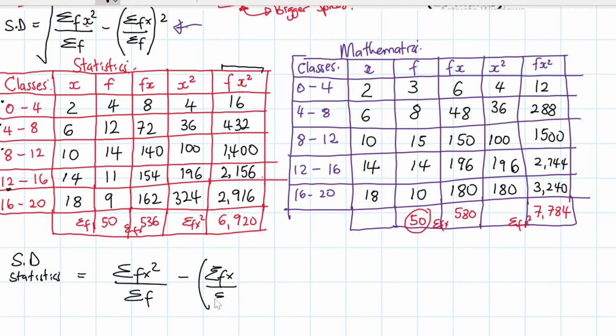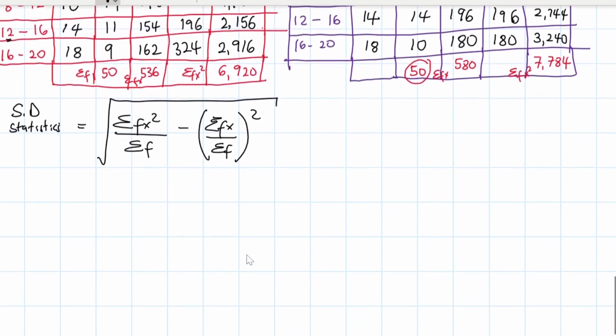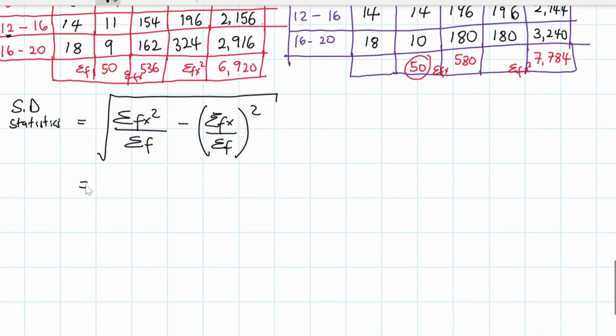The summation of f x squared is 6,920. Divide that by the summation of f, which is 50, minus the mean squared.